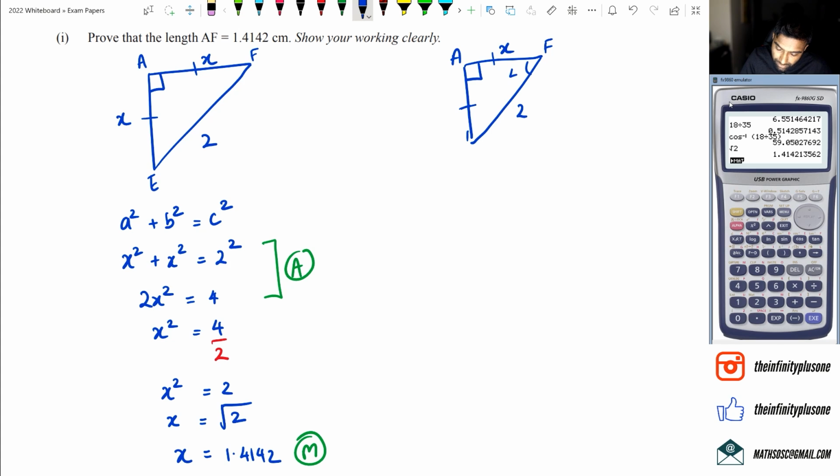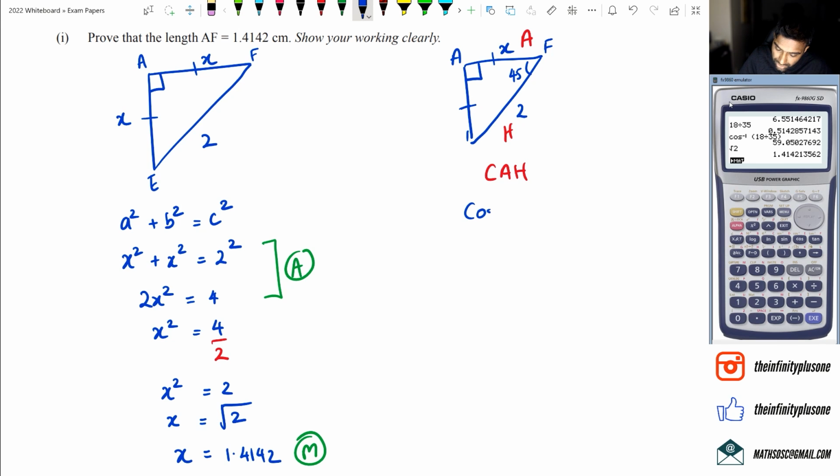So we could put this as 45 degrees, which means this becomes adjacent, and this side here becomes hypotenuse. So we're going to be using cos. Of course, you could use the other 45 and use sine, it really doesn't matter, but we're going to use cos in this situation.